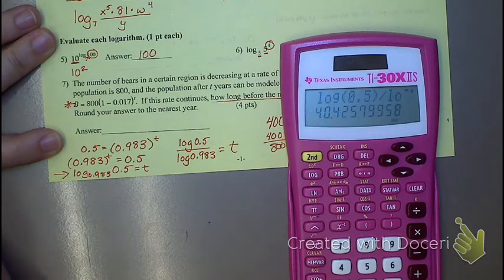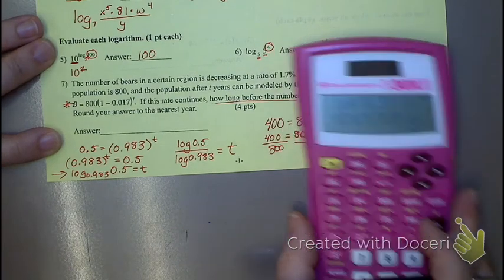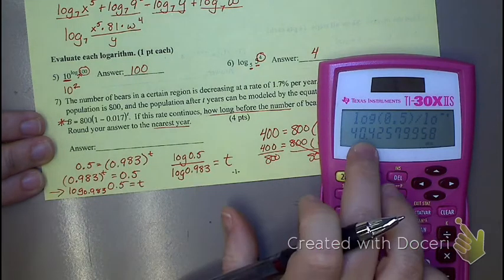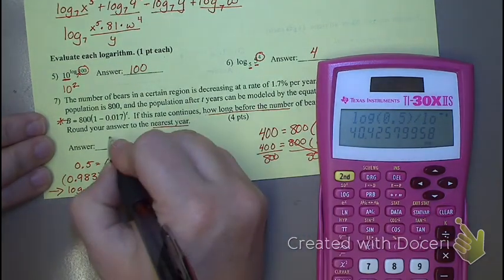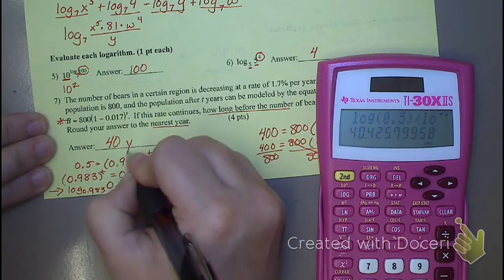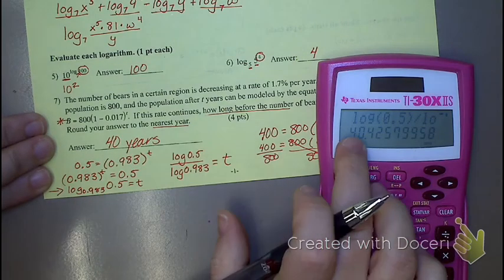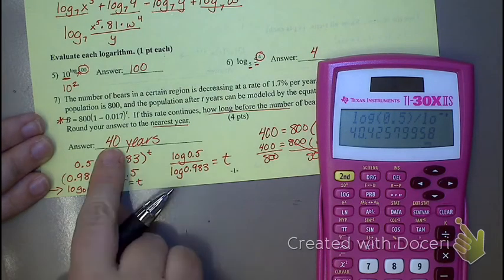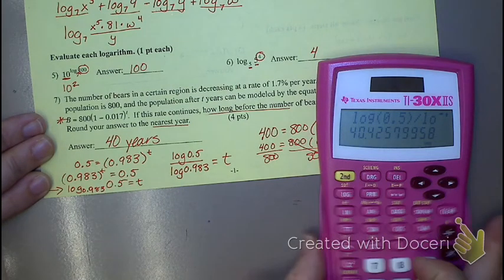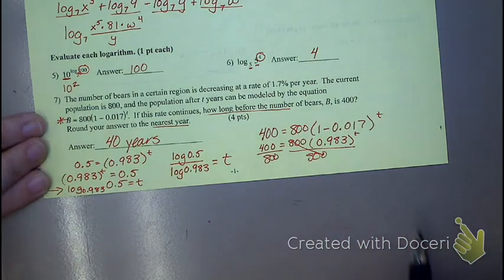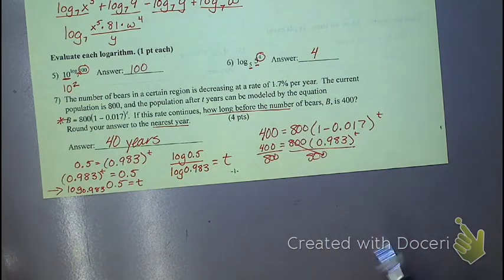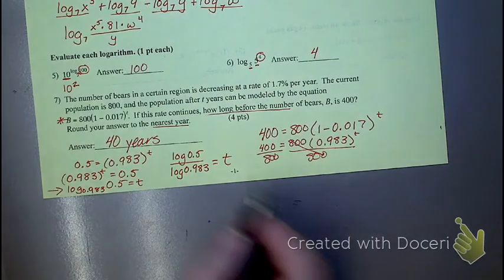So it looks like it's going to take about 40 years. Let's see what it says to round off to. It says round to the nearest year. So 40.4 rounds down to 40 years. If that was 40.5 or 40 point anything higher than 5, it would round to 41 years. So in 40 years, the population will go from 800 down to 400. That's a 4-point question.